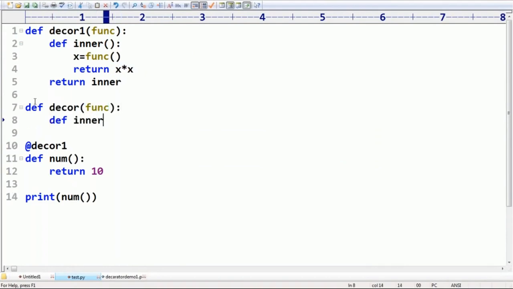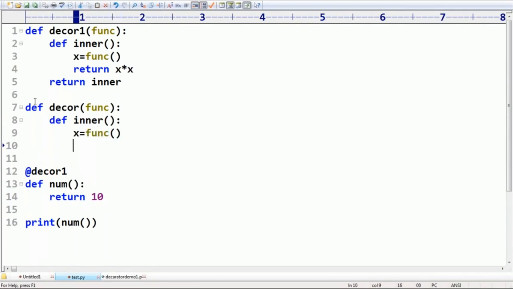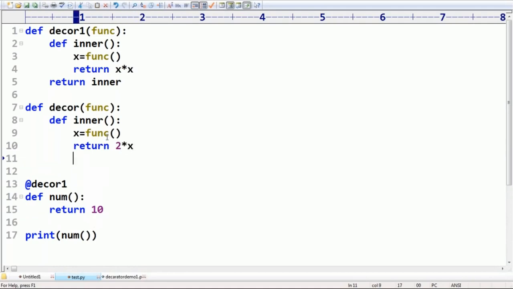Def inner, I'm taking. x is equal to func, I'm calling it. Take very special care. x is equal to func, next return 2 into x. I want to double its value. And then return inner.